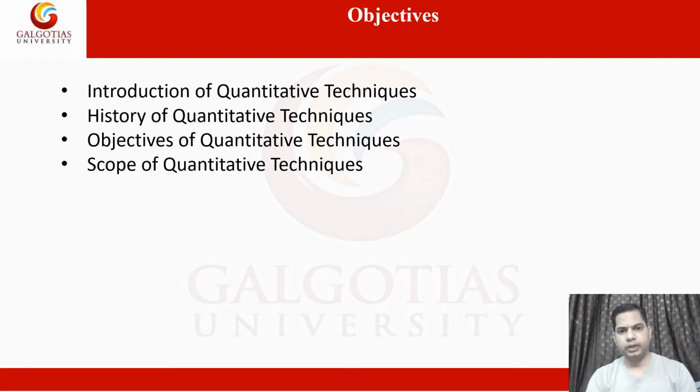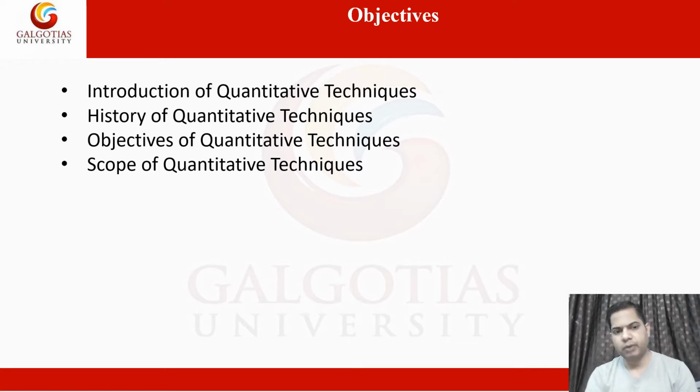So the next topic is objectives of this particular class. That means what we have to study in this class. We have to study the introduction of the quantitative techniques, or we can call it operation research.